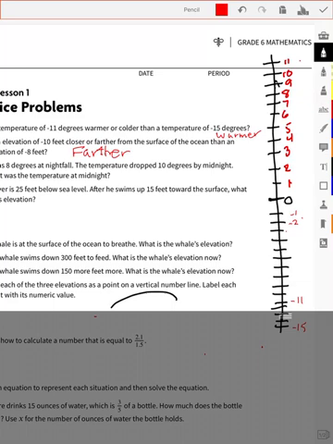So it was 8 degrees, and we're going to go 10 degrees. It dropped, so we're going down. 1, 2, 3, 4, 5, 6, 7, 8, 9, 10. So we're going to be at negative 2, or negative 2 degrees.